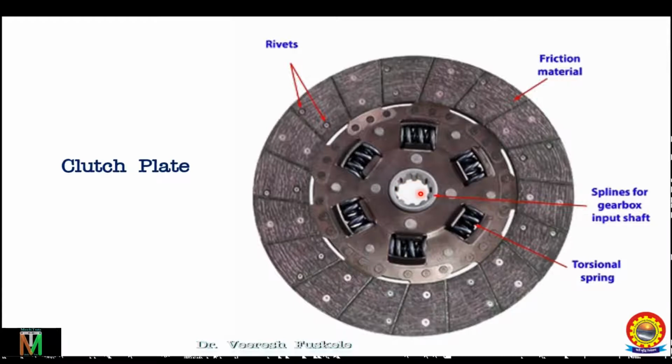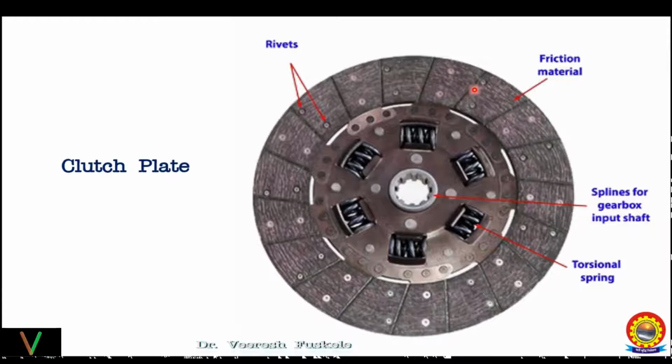We can see that this central hub of the clutch plate has a splines arrangement. You can also observe that the friction material is riveted on the clutch plate. The friction material enables the pickup of the torque from the flywheel when the clutch is engaged.